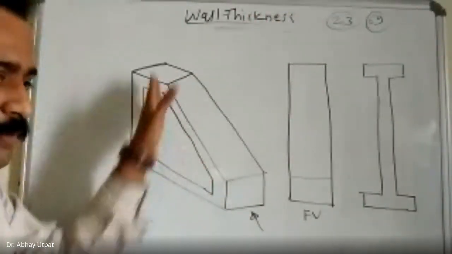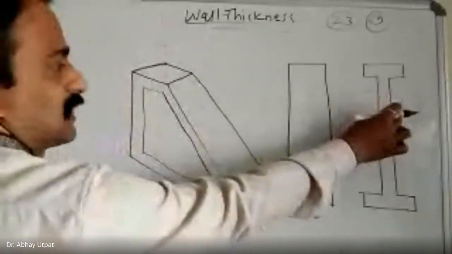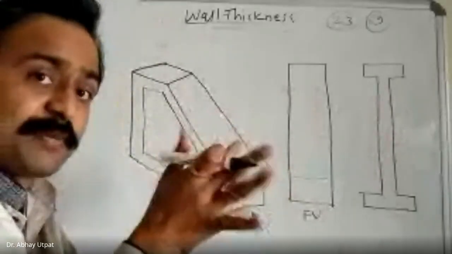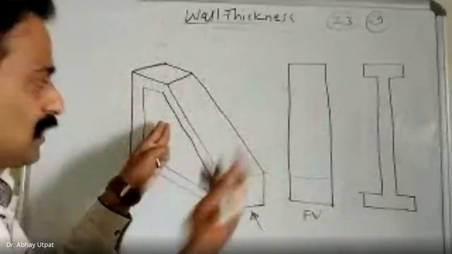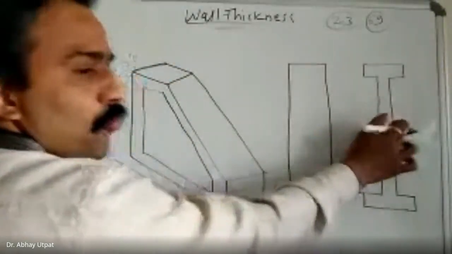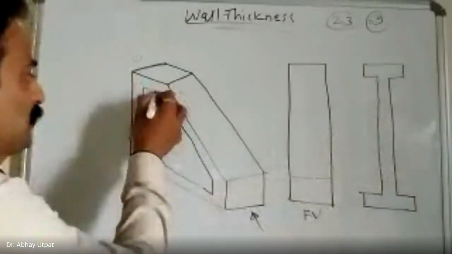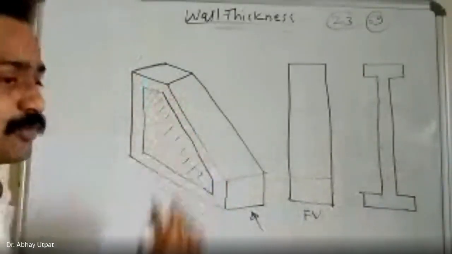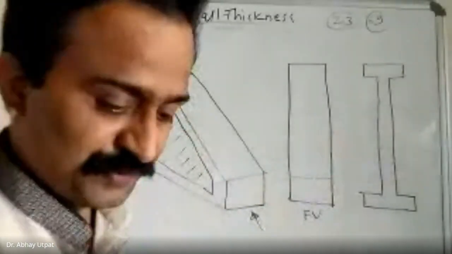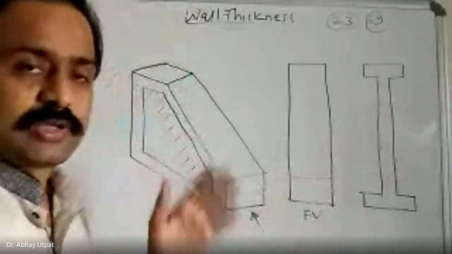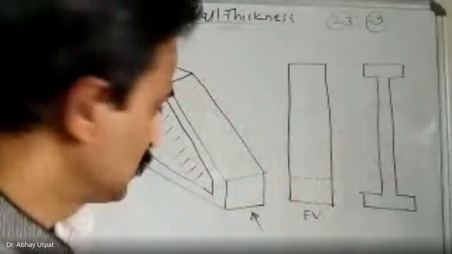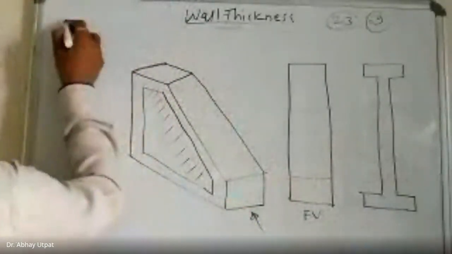From inside there is one vertical strip at the middle. A wall is there in between. Just try to imagine, so this is not hollow. From this side and this side, at the center there is a wall like this. So some of the area gets removed from this side. You have to use such core plates while making the component. If I use a simple mold, you will get the earlier shape. So this will be modified. Earlier is here.